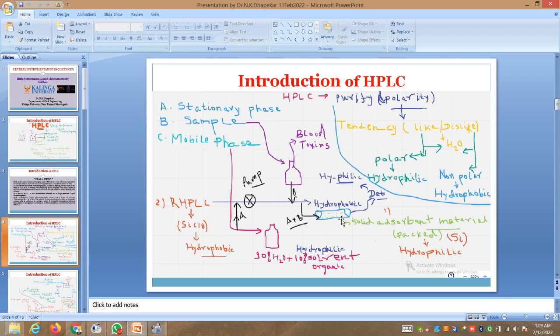It acts as hydrophilic, and when we talk about reverse HPLC, then silica with C18, if introduced in a packed manner in this tube, acts as hydrophobic.